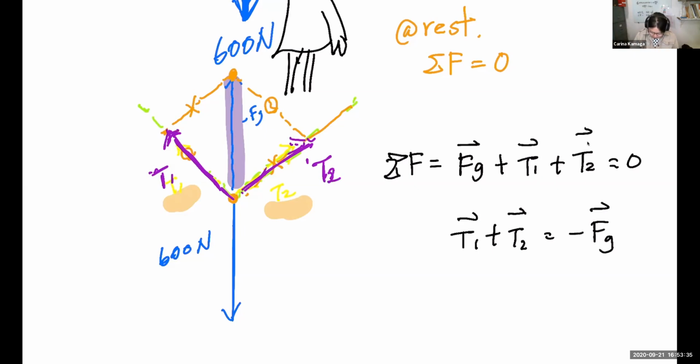I hope you see T1 and T2. So that's how you can approximate the amount of tension force when you know that there's going to be 600 Newton downward.